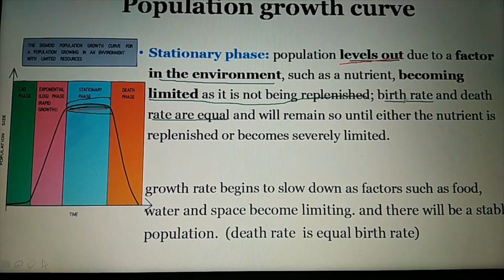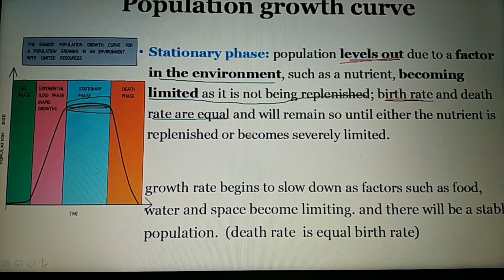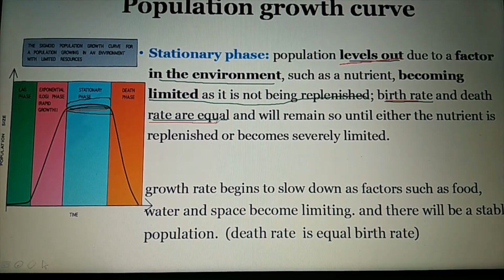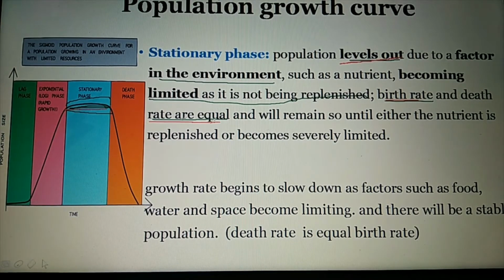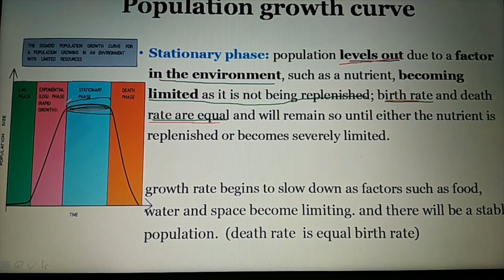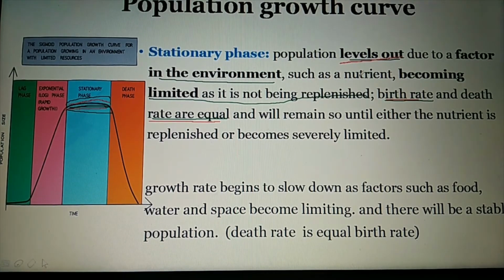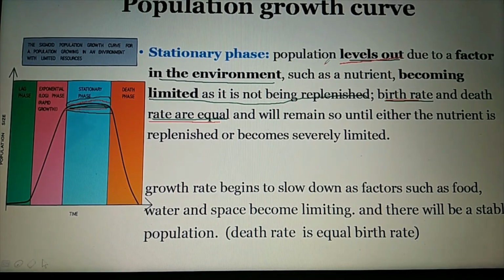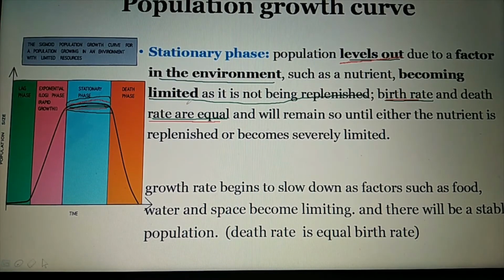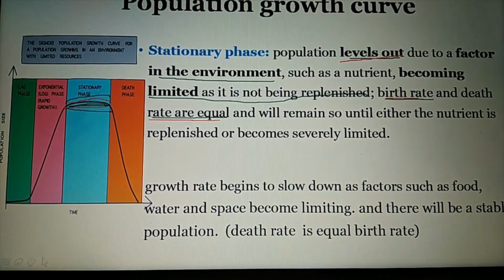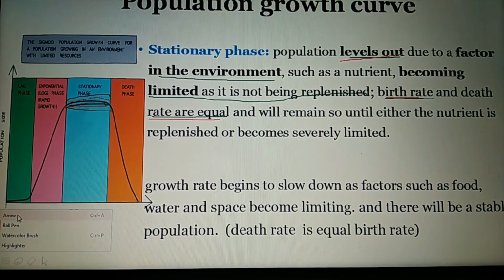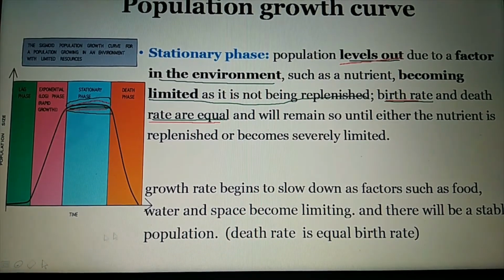That means the birth rate is equal to the death rate. That's why you have a leveled out, more like straightening out. So in this phase, don't forget the population levels out. In this stationary phase, we have birth rate equals death rate.